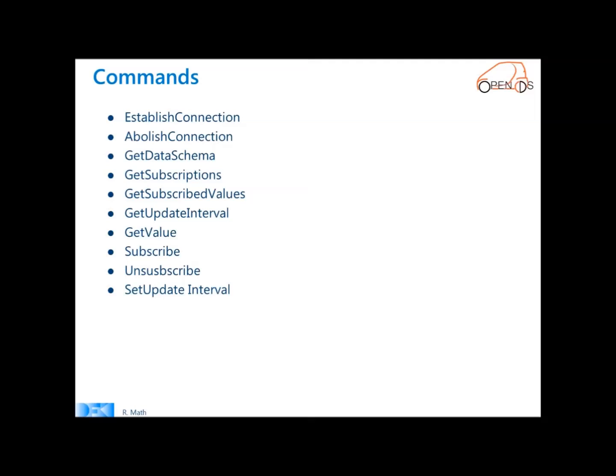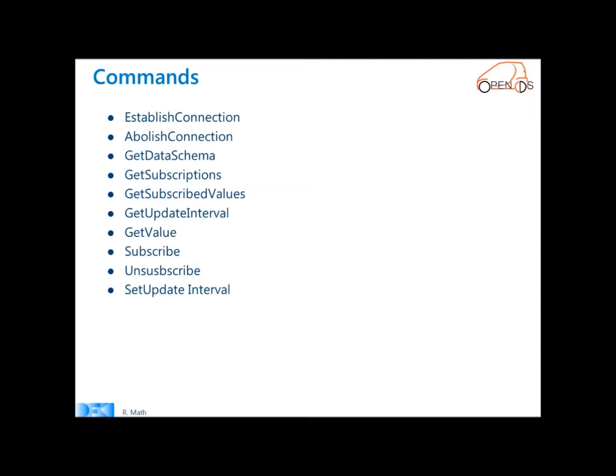You can get a list of all your subscriptions anytime, and you can manually push the server to send you the values of your subscribed variables, even if you don't have a periodical update.